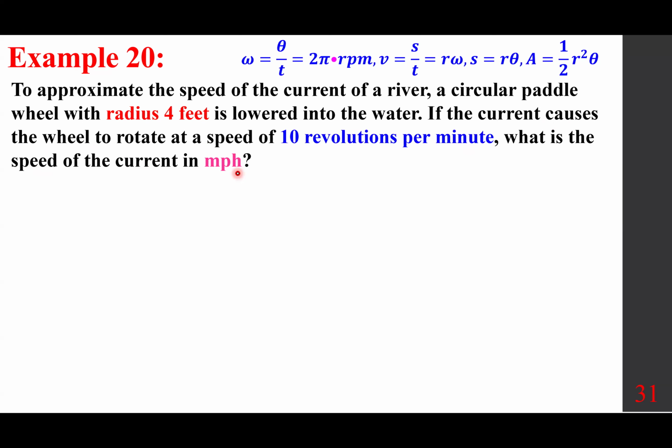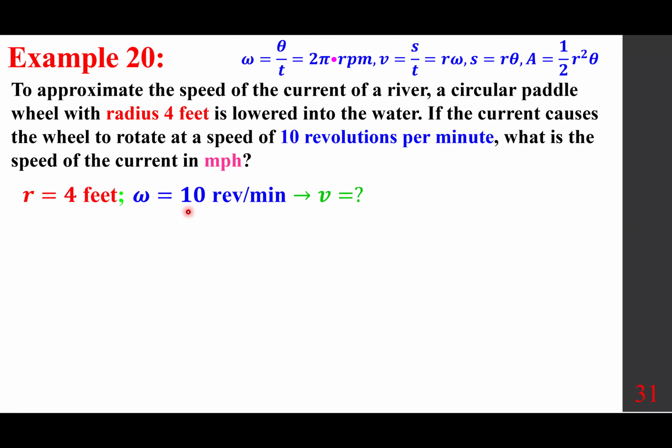So let's figure out what's given. R is 4 feet. Omega is 10 RPM. V is missing.